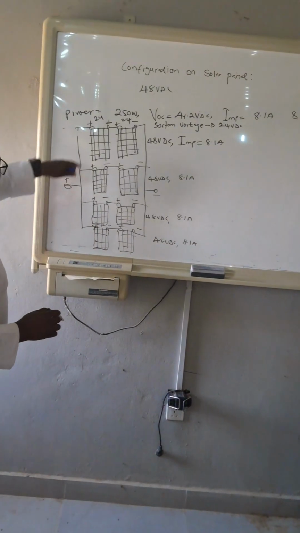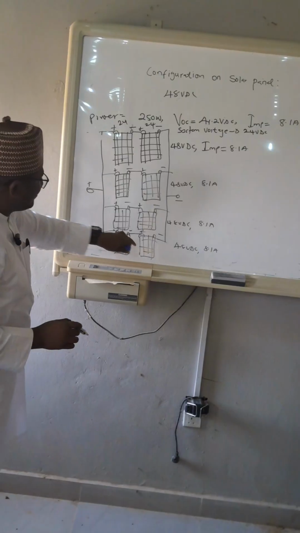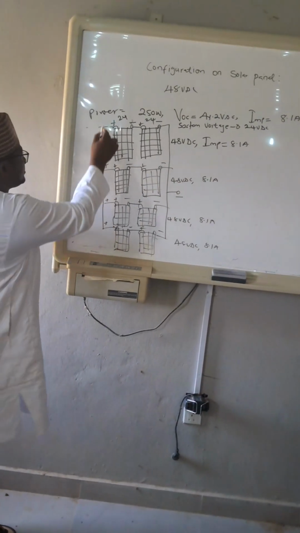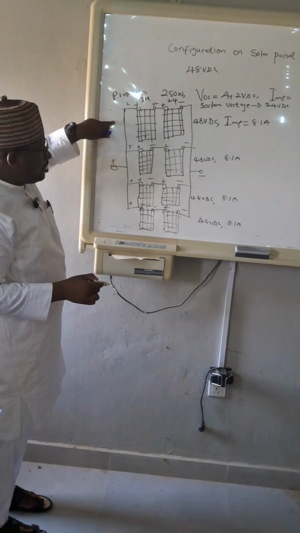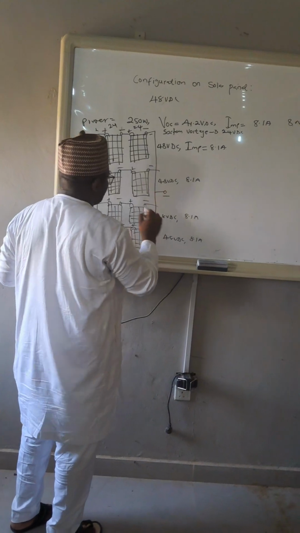So this is series, another series, another series, another series. But lastly, we join all the plus terminals together to give us accumulative current, and then we join all the minus terminals together.